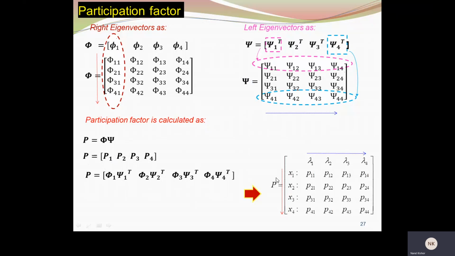Thus, in the complete participation factor matrix, row-wise we have the state variables, and column-wise we have the eigenvalues. These are the column vectors for the eigenvalues, and these are the row vectors for the state variables. And thus, we obtain P11 here.